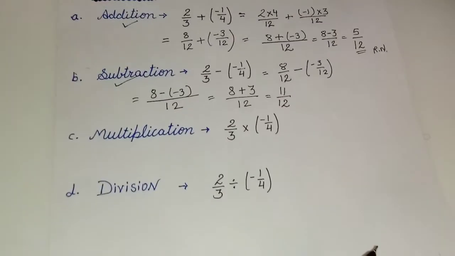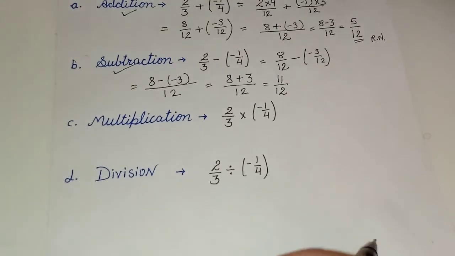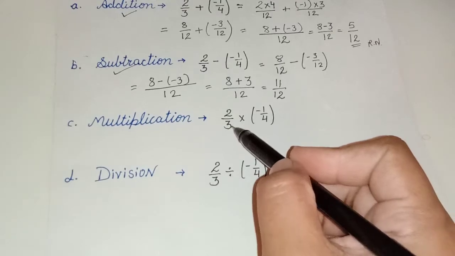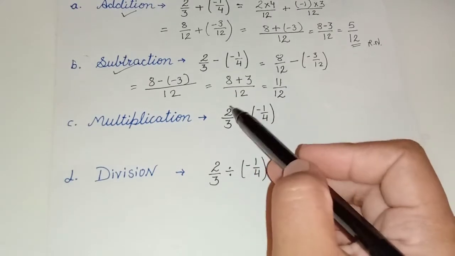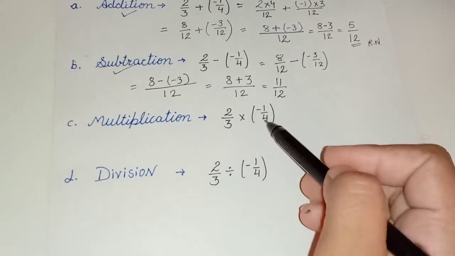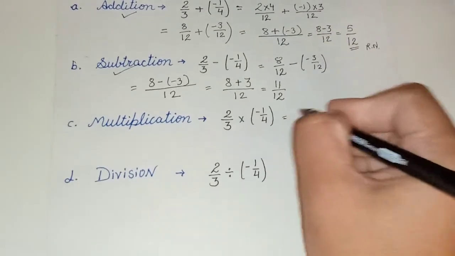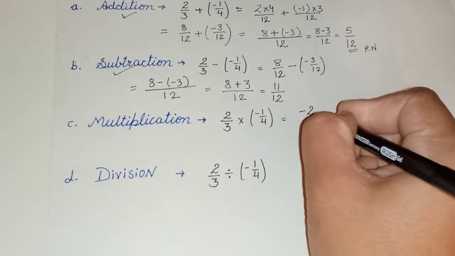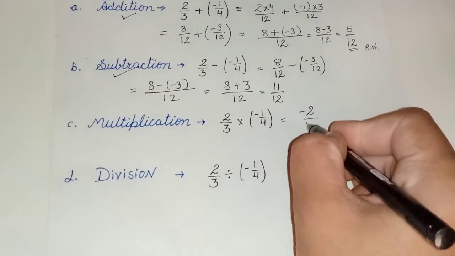Now we will see the case of multiplication. The same rational numbers we have taken, we will see their product. In case of multiplication of numbers in numerator-denominator form, the process is numerator into numerator and denominator into denominator. So 2 into minus 1, we get minus 2. And 3 into 4, we get 12.